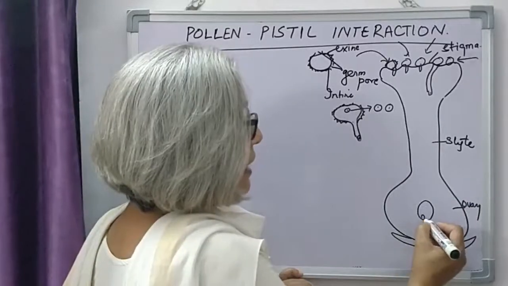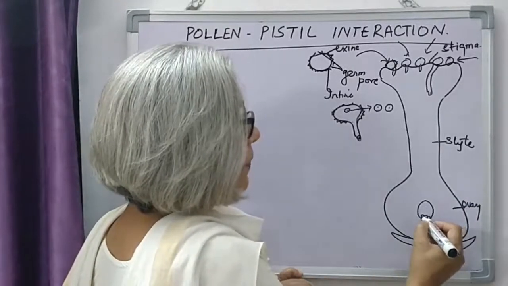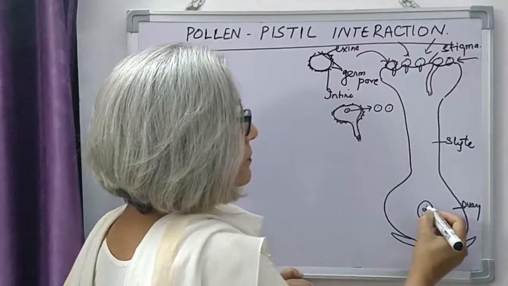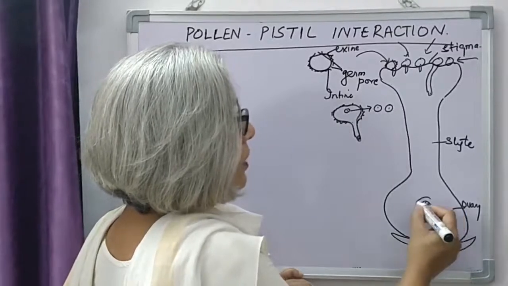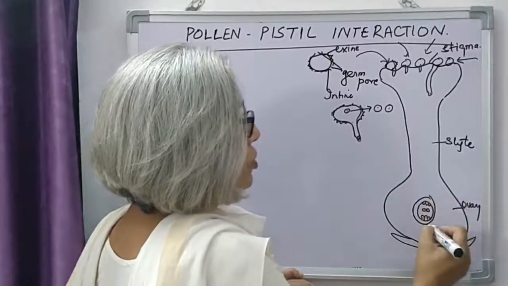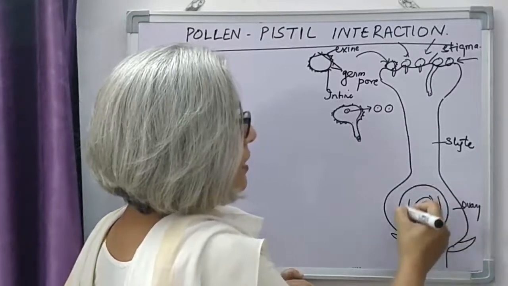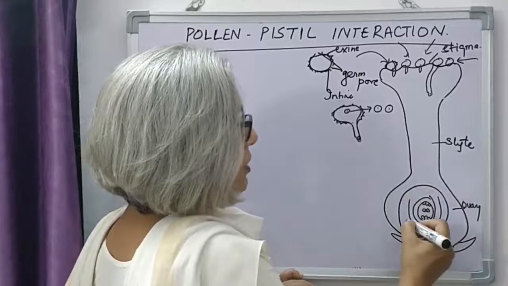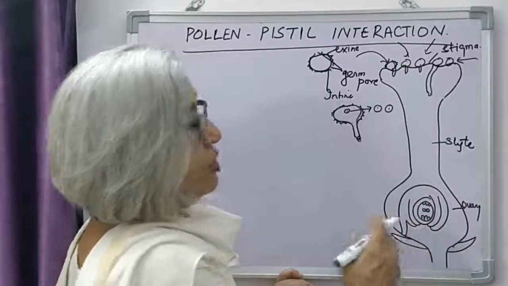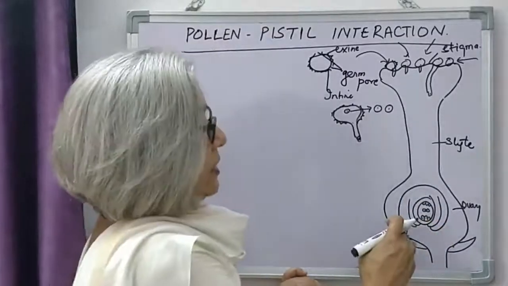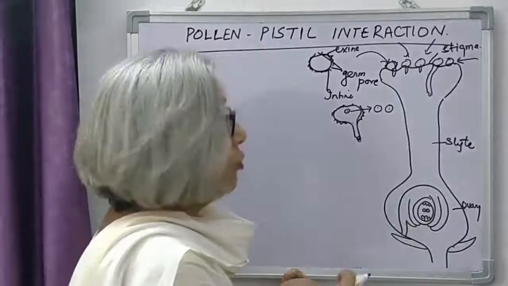It contains the embryo sac surrounded by the nucellus. Two integuments cover the embryo sac, the outer integument and the inner integument, and by means of the funicle it is attached to the wall of the ovary.